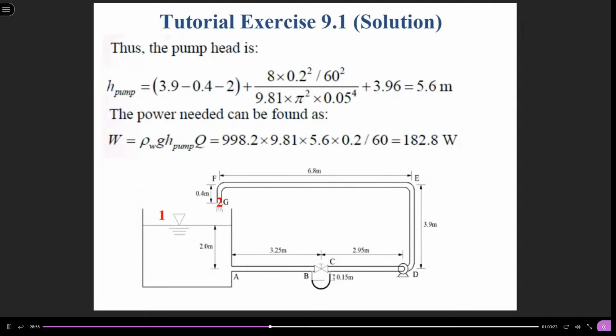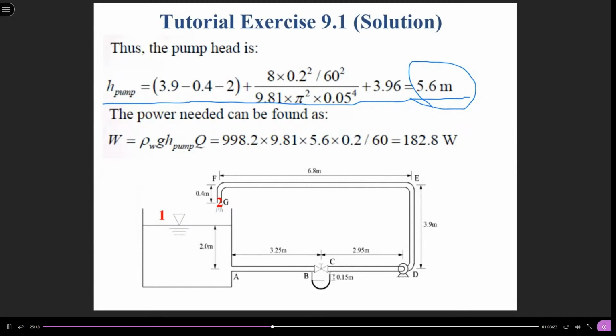The pump head can be determined, right? Which is equal to 5.6 meter.